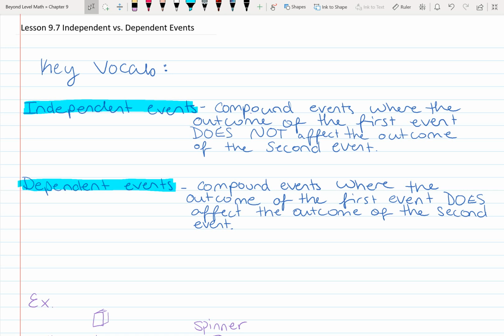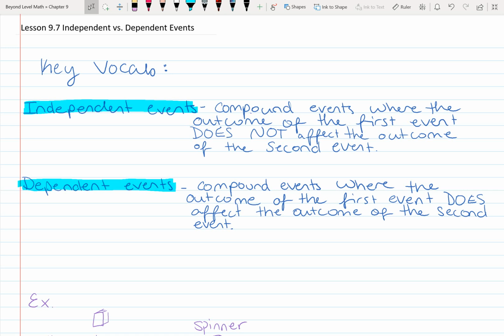But the y, the dependent variable, the x affects the y. So independent, the outcome of the first event does not affect the outcome of the second event. So me rolling a die and then spinning a spinner, my rolling of the die does not affect the outcome of me spinning the spinner.